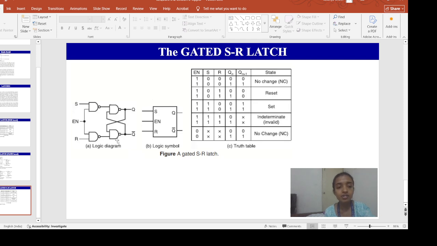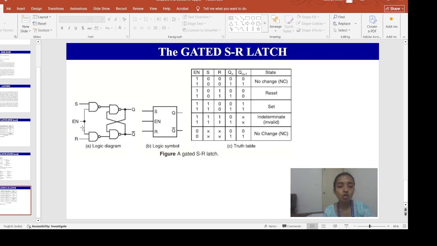It requires an enable input. Its S and R inputs will control the state of the flip-flop only when this enable is high. When the enable is low, these inputs become ineffective and no change of state can take place.